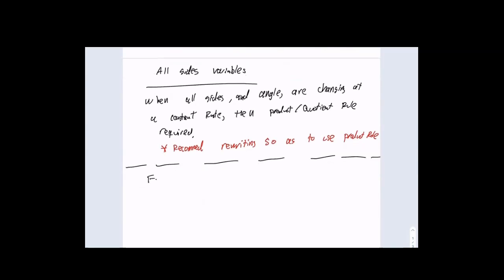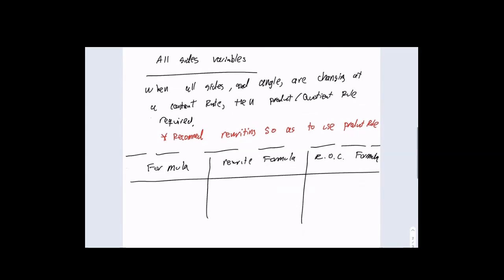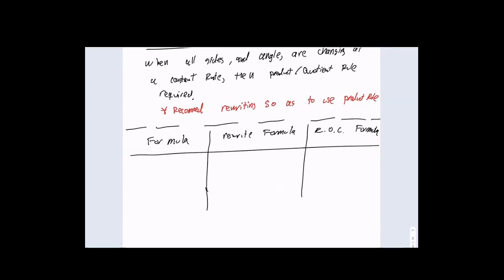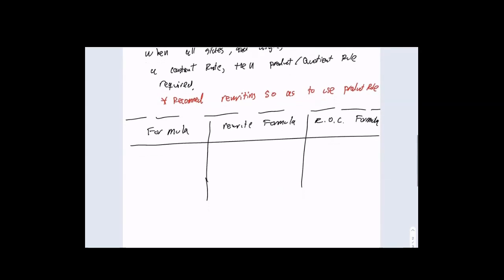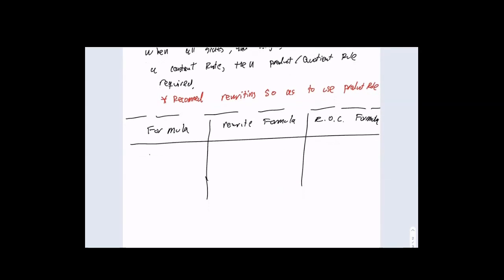So the formula, rewrite the formula, rate of change formula. Let's look at the first one, sine, the one that you will probably use most often, or that we like the most.